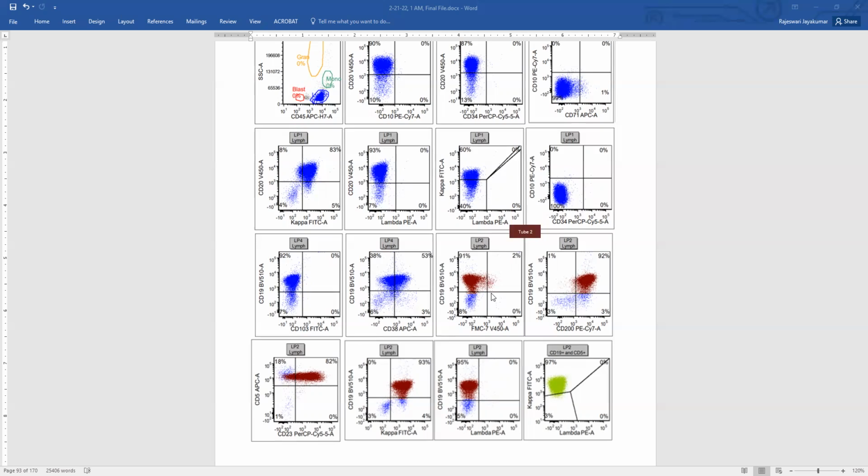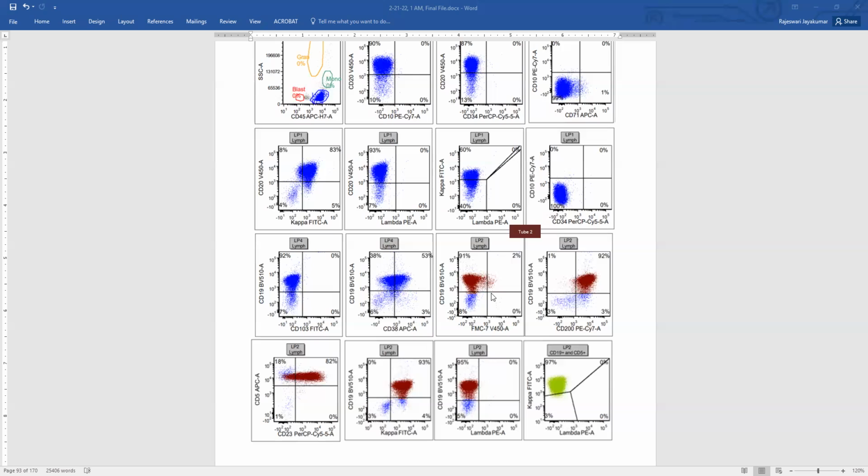FMC7 expression usually goes along with CD20. If CD20 is bright, you often see positivity for FMC7. Therefore, CLL is usually negative for FMC7 and mantle is usually positive for FMC7. Also, surface light chains are dim in CLL and bright in mantle cell lymphoma.